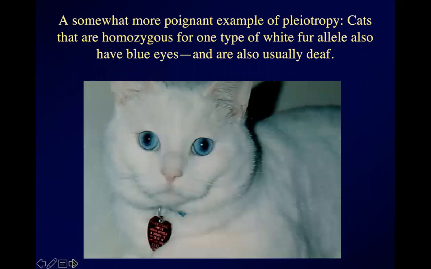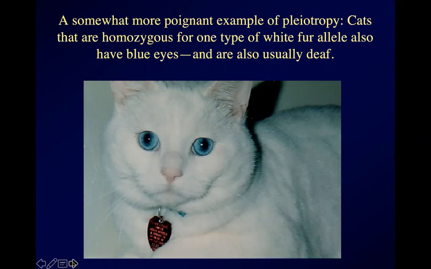Somewhat more poignant example of pleiotropy: the question I was asked earlier about what happens if you cross a black cat with a white cat actually is tricky because there are several different ways you could get a white cat. Not all white cats have the same genotype.